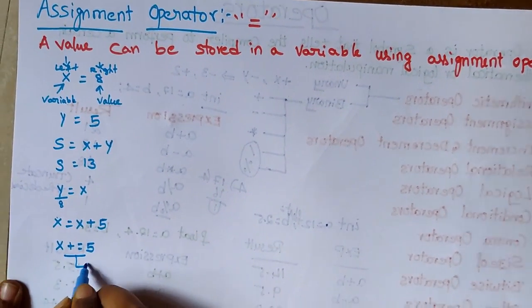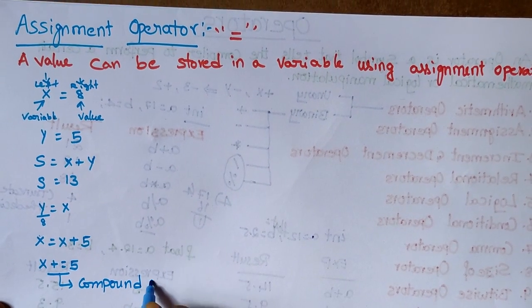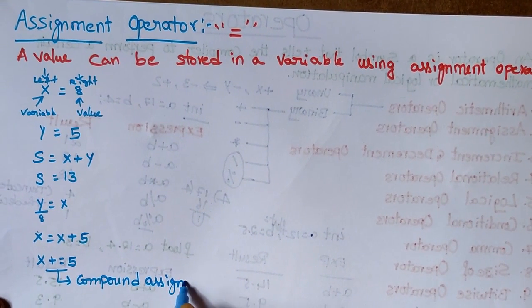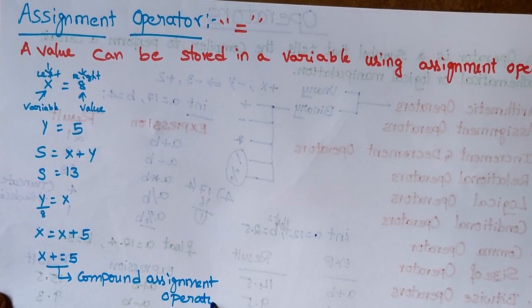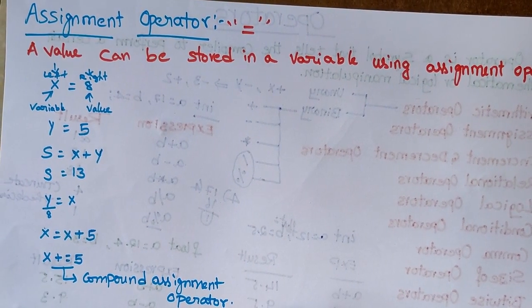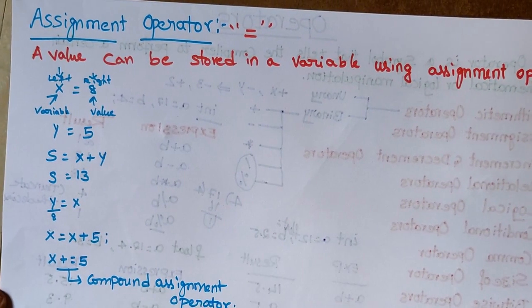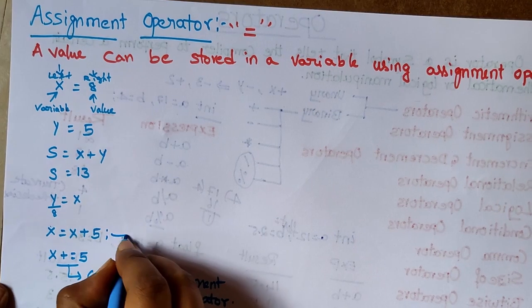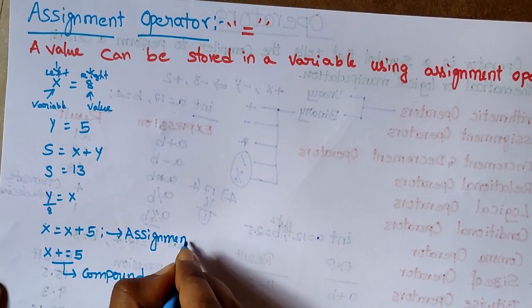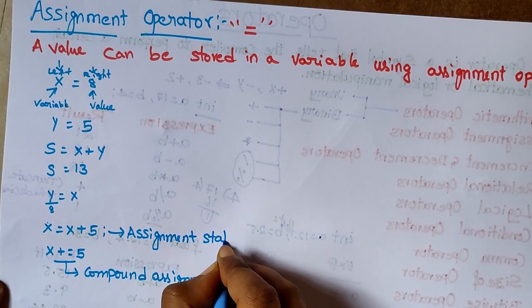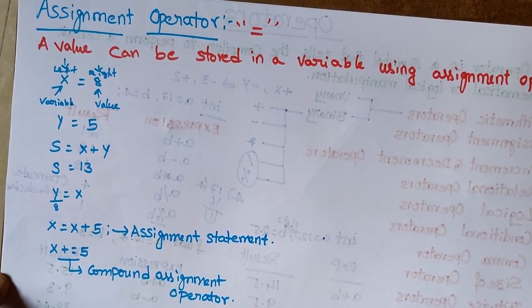This is called a compound assignment operator. If we put a semicolon at the end of an assignment expression, we call it an assignment statement. This is about the assignment operator.